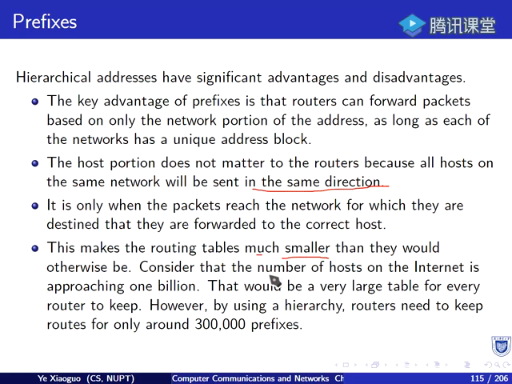Consider that the number of hosts on the internet is approaching 1 billion. That would be a very large table for every router to keep. However, by using a hierarchy, routers need to keep routes for only around 300,000 prefixes.